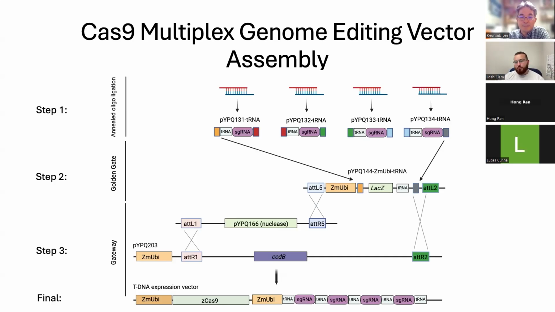But one way that you could avoid gene silencing is to avoid using non-native or non-plant derived sequences, so sequences from viruses or even from bacteria. You may be avoiding something like 35S or the NOS-T terminator. If you're really concerned with transcriptional silencing, that would be one step to take.